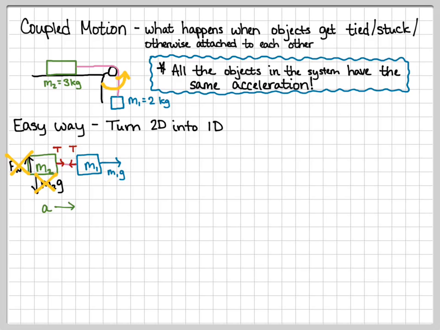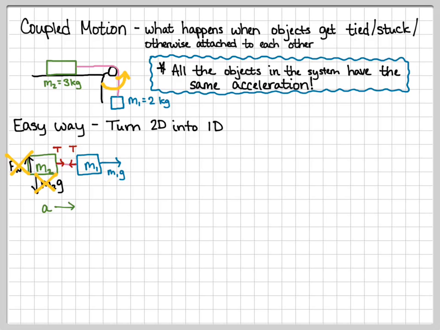This is really cool. The tension in the string is a Newton's third law action-reaction pair, so the tension pointing to the right is M1 pulling on M2. The tension pointing to the left is M2 pulling on M1.